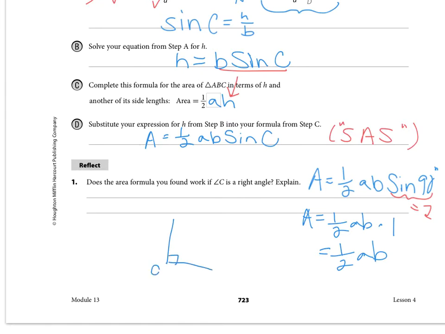This is my angle C, this is my little b, and this is my a. And then we'd have our triangle that looked like that. And then of course a and b would actually be the base and the height of the triangle. So that hopefully makes sense. Yes, that formula works even if C is a right angle. But most of the time when we use this, you guys, it won't be that C is a right angle. So let's continue on to the next page.